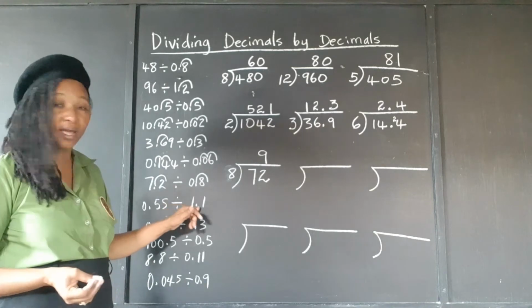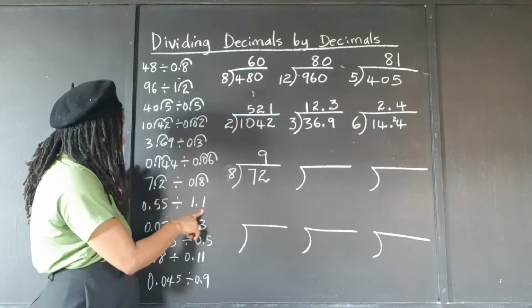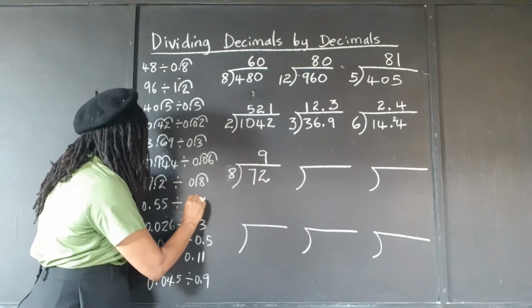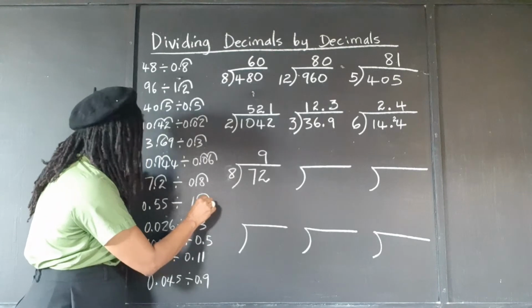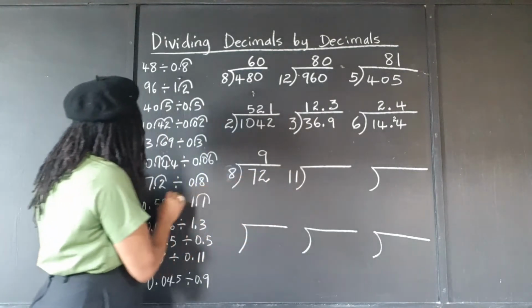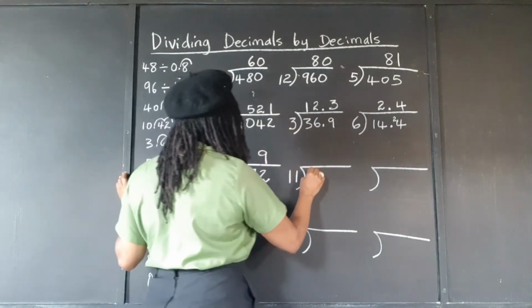0.55 divided by 1.1. In the divisor, we have one decimal place. We're going to multiply by 10, and in doing so, we move one place to the right, and now this becomes 11. Moving one place to the right, that becomes 5.5.